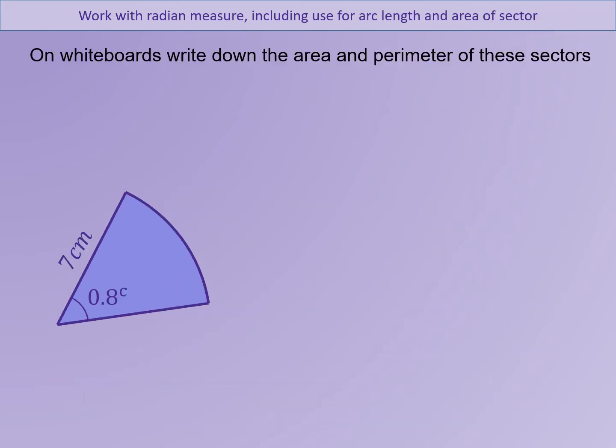For this sector here, with a radius of 7 centimetres and an angle of 0.8 radians, calculate the area and calculate the perimeter. The perimeter will be found by calculating the arc length and then adding on 2 lengths of the radius.